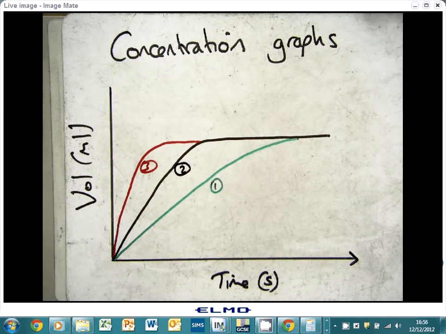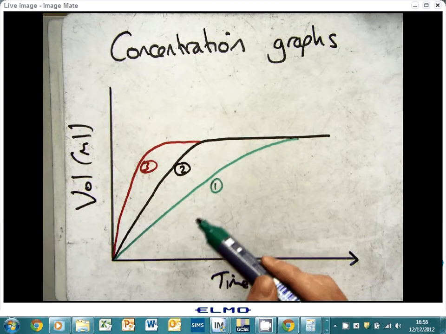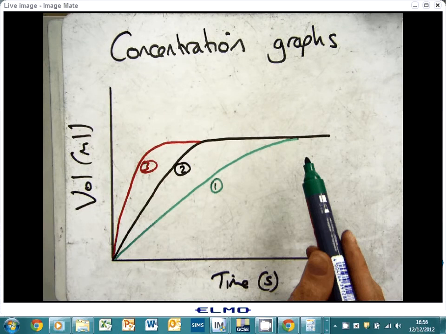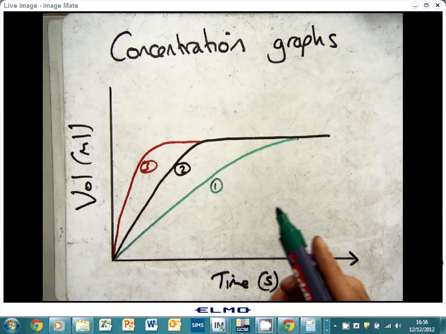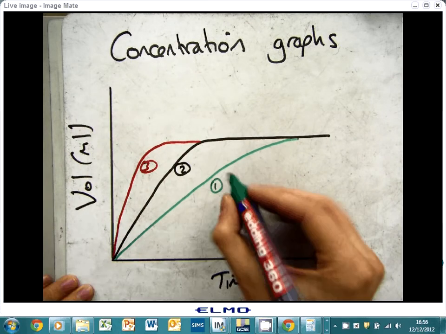So if we were to have a look at this, in an exam you might easily be asked which of these has the fastest rate of reaction. So the first concentration here has a very low slope. It's a shallow gradient. The more shallow the gradient is, the lower the concentration, the slower the rate of reaction.